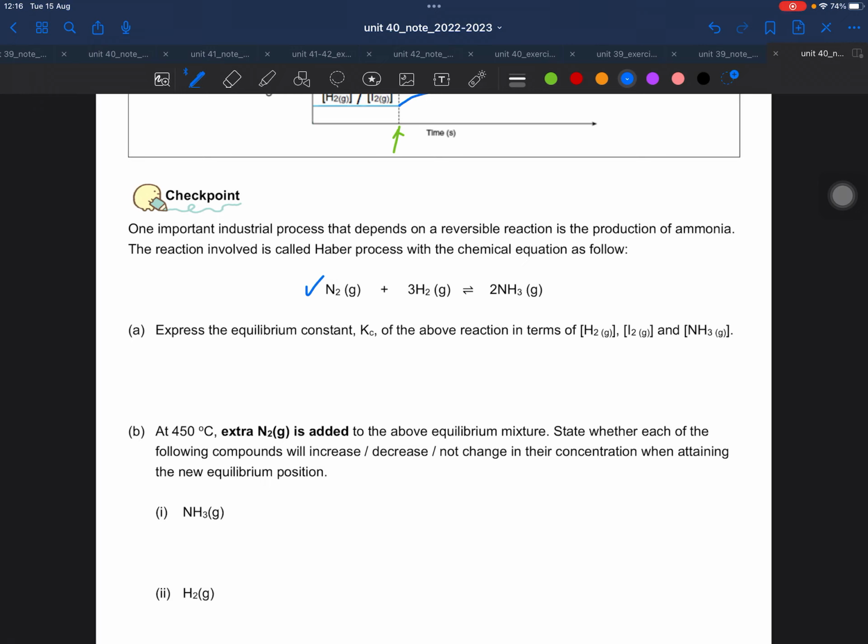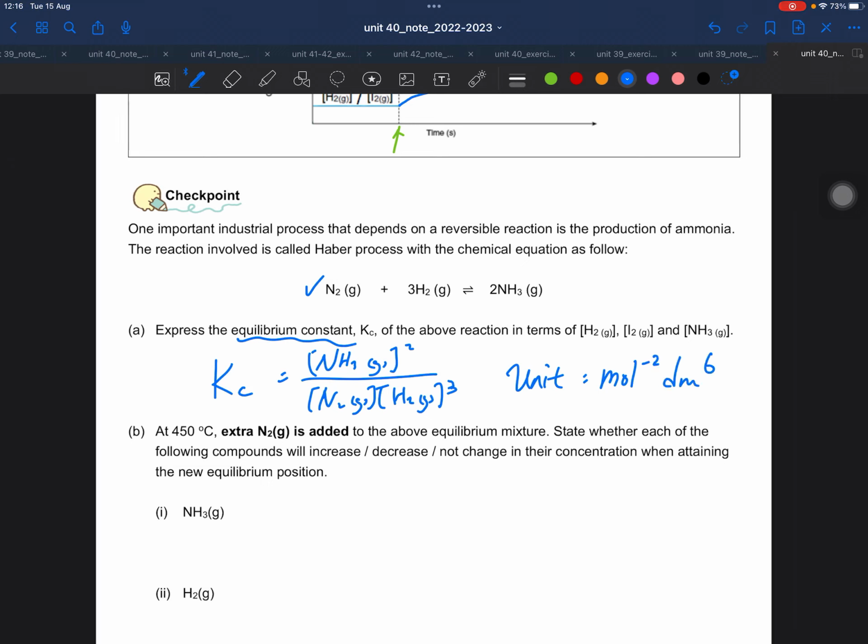Now, here we have the Haber process again. The equilibrium constant expression is easy. Even I can give you the unit, no problem. Now an extra N2 is added.